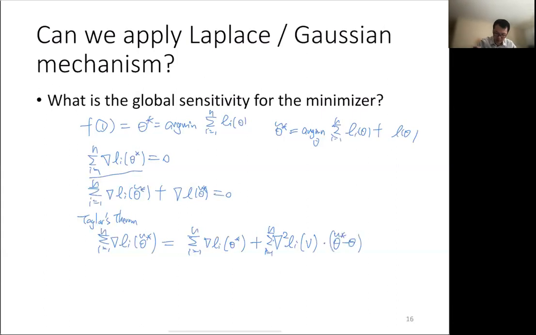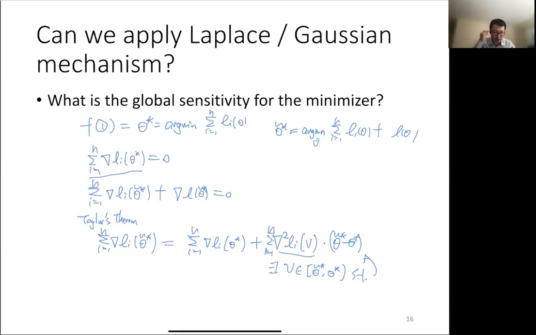And what is this v? By Taylor's theorem, there exists such a v on the line segment between theta tilde and theta star, such that the above equality is true.